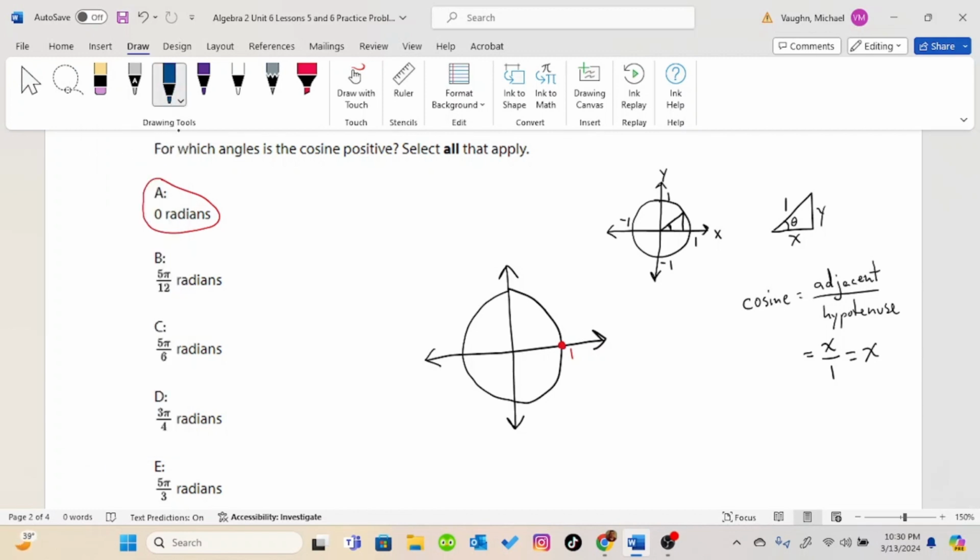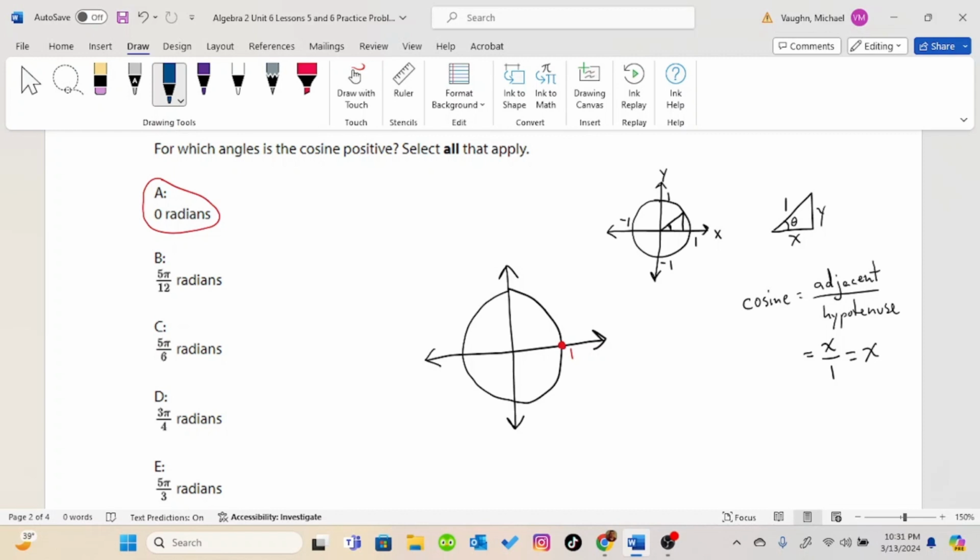At B, we have 5/12 pi. If you remember, pi is half of a circle. And 5/12 is going to be less than half, because 6/12 would be half.